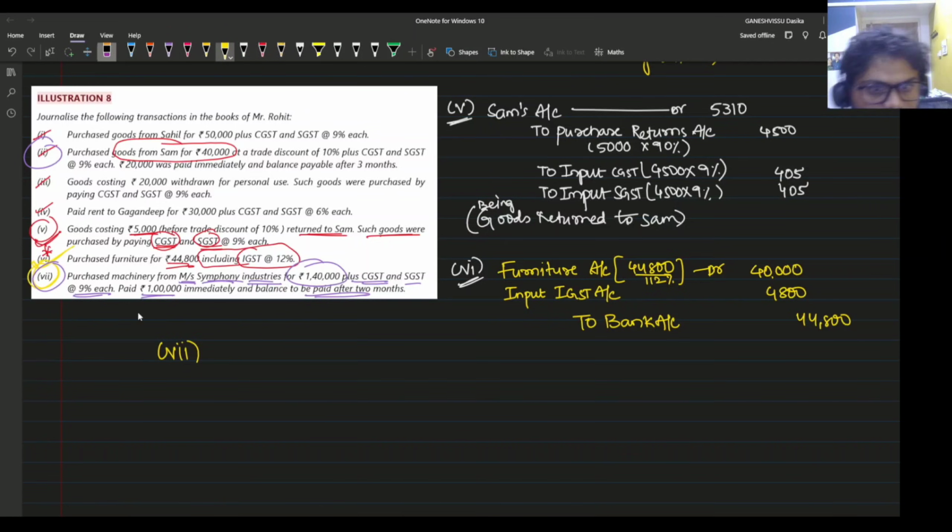He has purchased machinery worth rupees 1,40,000 plus CGST and SGST. As he is purchasing machinery, machinery is an asset. So debit what comes in, machinery is coming in.